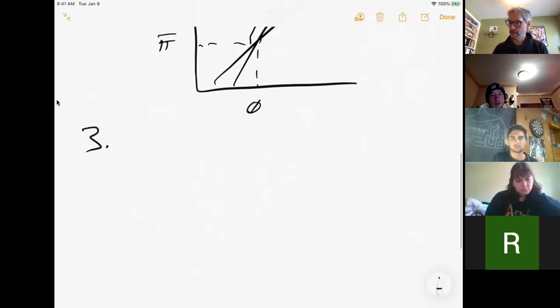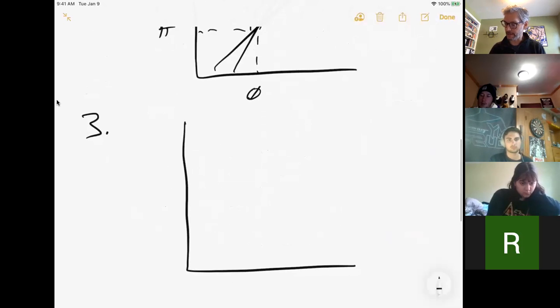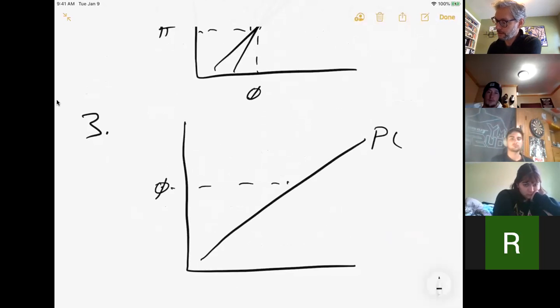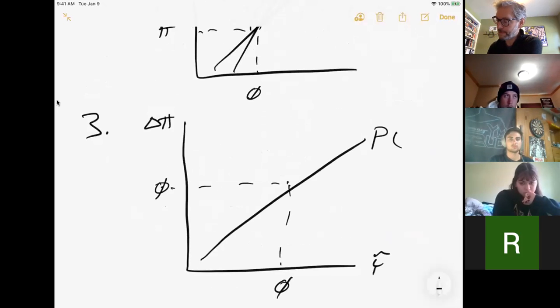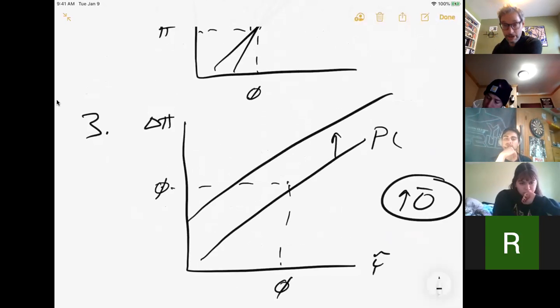Question number 3. Here's the question about the negative aggregate supply shock. Let's talk about this first in terms of the Phillips curve, and then we will talk about this in terms of aggregate supply. So what happens with our Phillips curve with this negative supply shock, which is an increase in O, right?